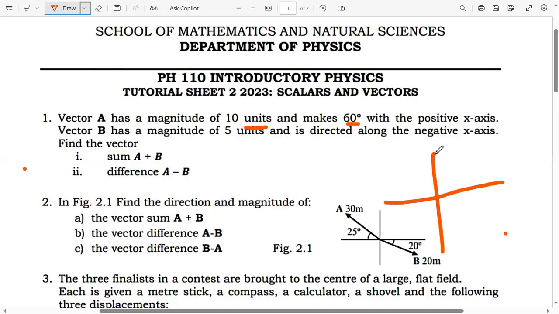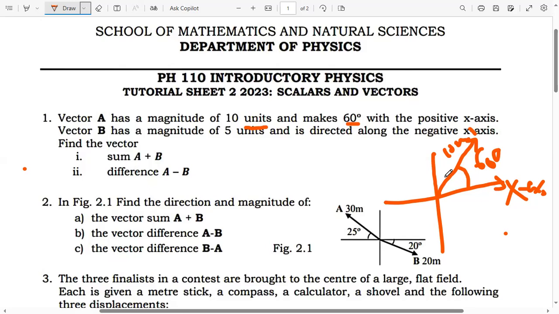The positive y is that, the minus y is that. So we are going to write this vector here, which will be 10 units long, and the angle that it makes with this positive x-axis, we've been told, is 60 degrees. So we can resolve this vector into its components.